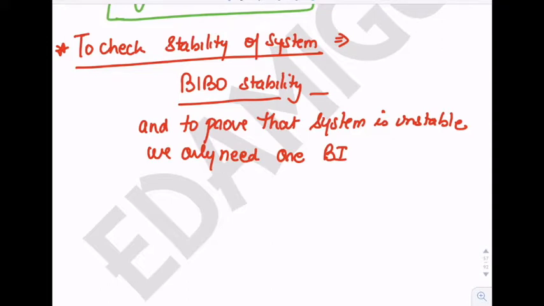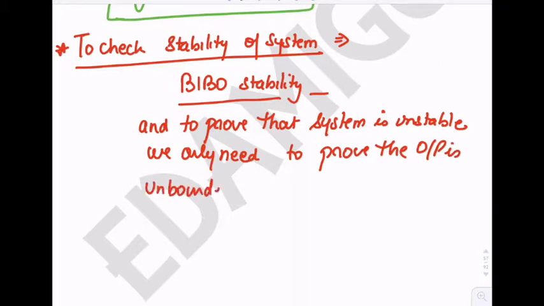We only need to prove that the output is unbounded for any single bounded input. So we have to find only a single bounded input for which the output is unbounded, and if this is the case, then the system becomes unstable, okay?